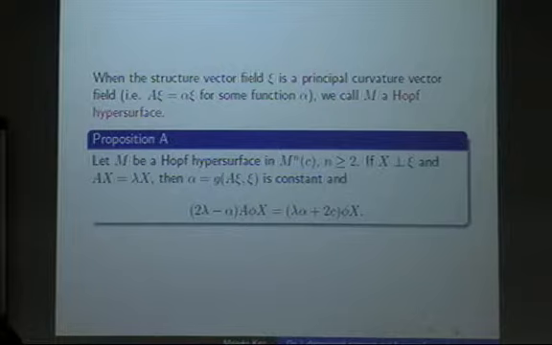We use this to prove our main theorem. For a tangent vector field X orthogonal to z, if it is a principal curvature vector field, then it satisfies this equation.